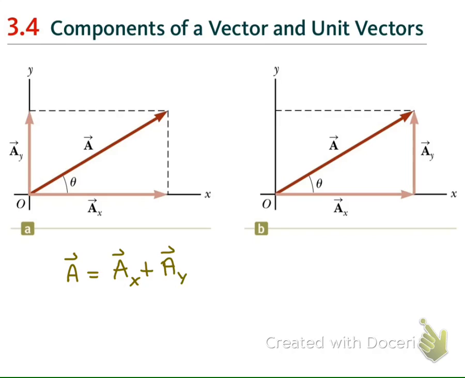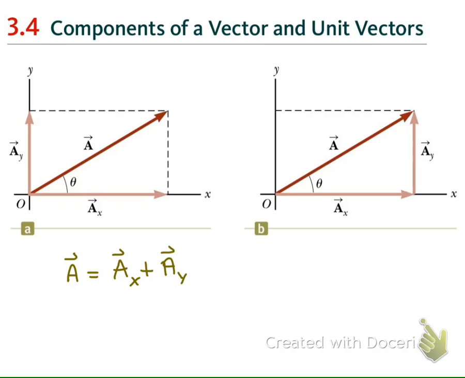In this figure, you can see that once we define the coordinate system, the x axis here and y axis here, and we have the vector A, these AX and AY are the components of A along the x and y axes, and when we add AX and AY, you can see from this figure that AX plus AY is equal to A. So that is the definition of the component of a vector.